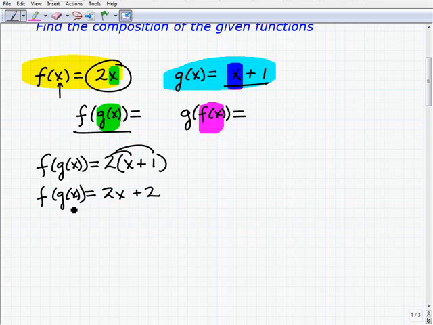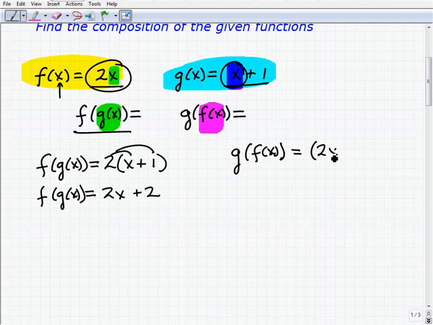Pretty straightforward stuff. All right, so let's go ahead and do g of f of x now. We're going to plug in the f of x function into the g function. And so g of f of x, let's go ahead and set it up now. G of f of x is, the f of x function is 2x. I'm going to plug it in right here into the g function.